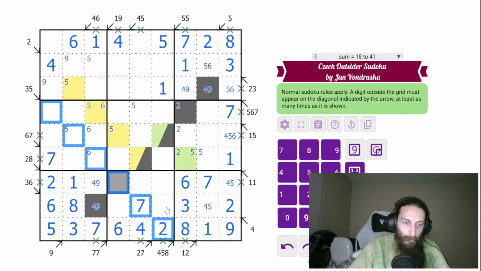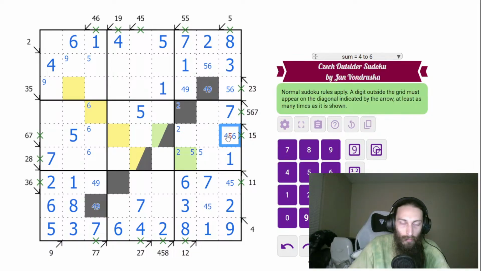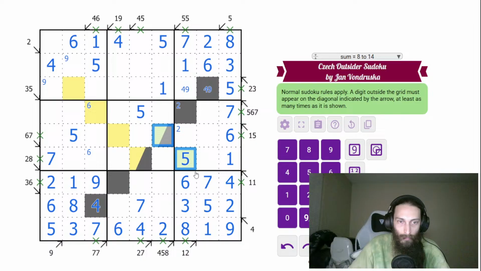3, 5. No, 5 is out of those and those. So one of those 2 has to be a 5, which takes it out of this one. Green was 4.